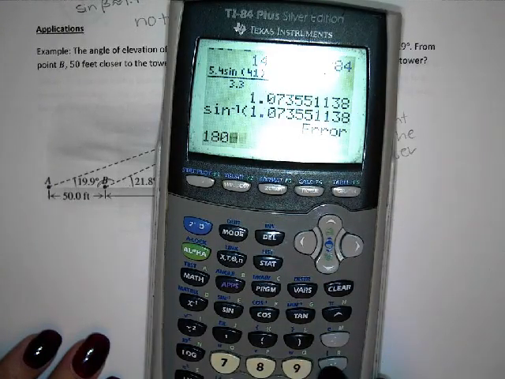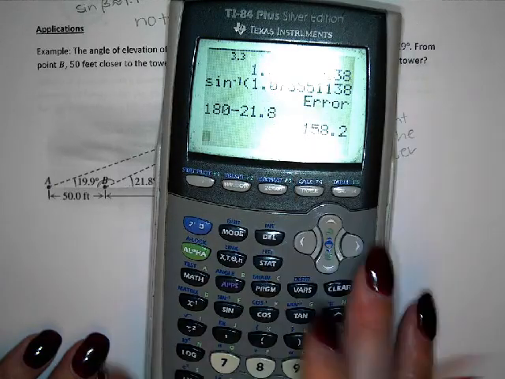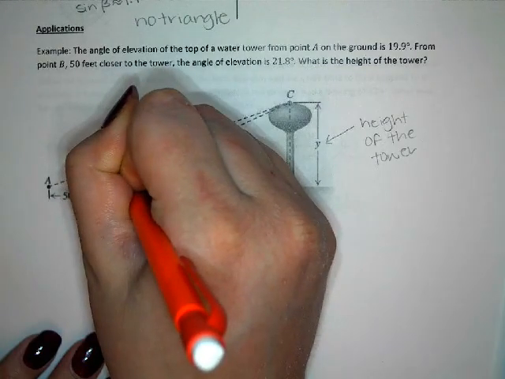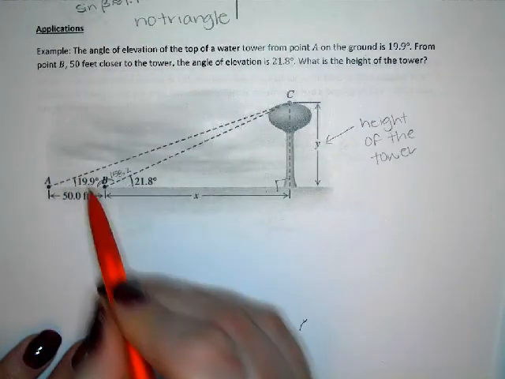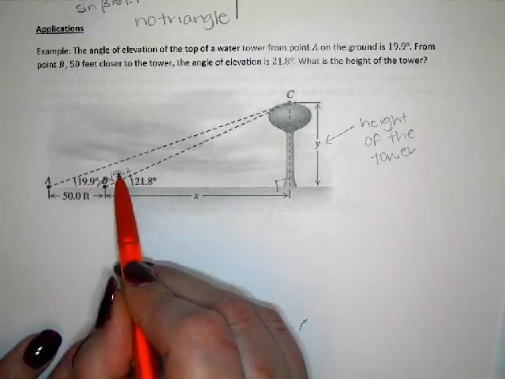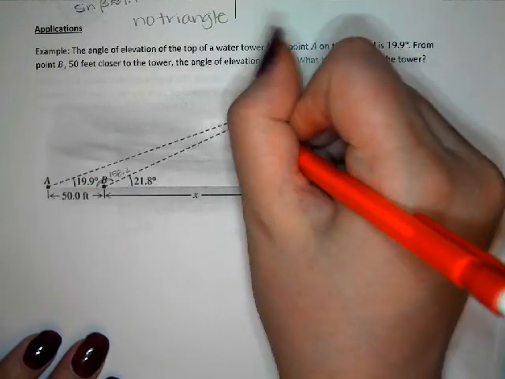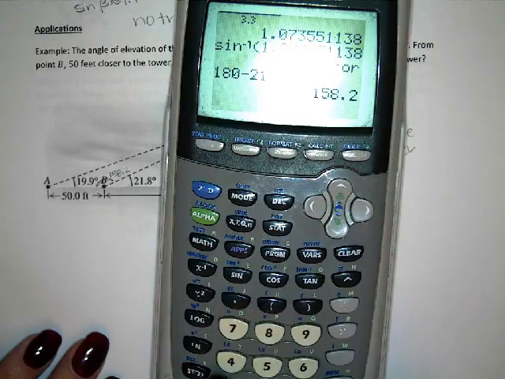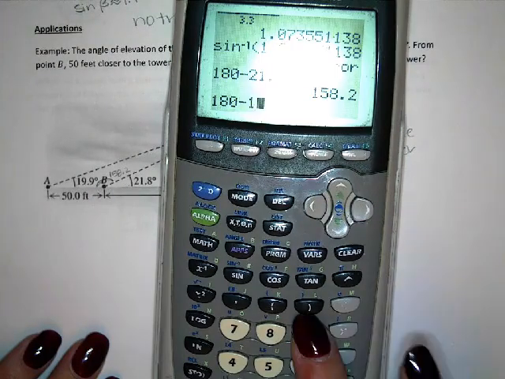Okay. And then since I know these two angles, I can go up here and I can find this little angle up here. So 180 minus 19.9 minus 158.2, that's a 1.9 degree angle. That is tiny. Okay, 1.9 degrees.